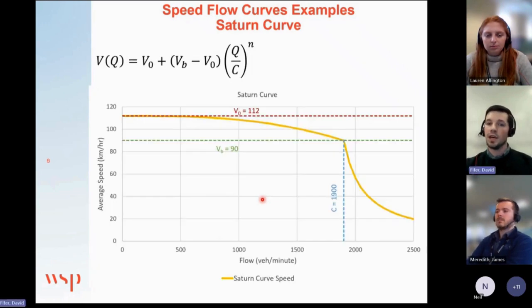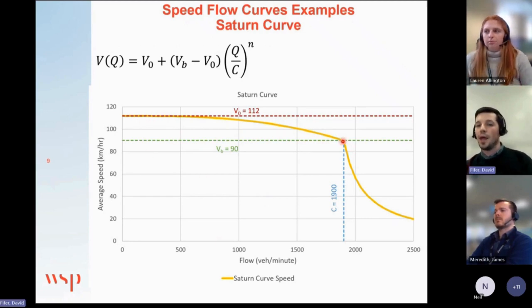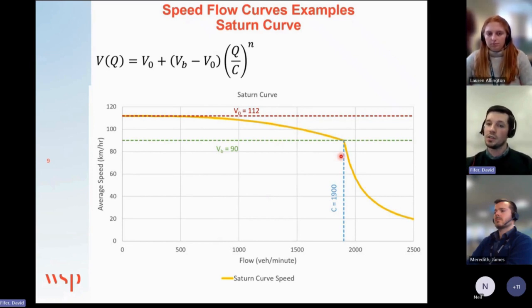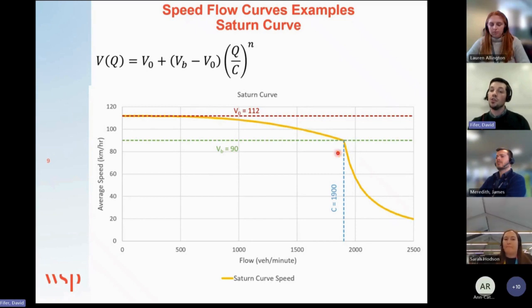So if we look at the curve here, we can see the initial curve up to capacity, and after capacity, we actually use a different equation, which is a TAG equation that's given, but in SATURN, you generally don't want to be getting flows above capacity. So you are trying to keep it within this curve. So this is the part that will be focused on in the analysis.